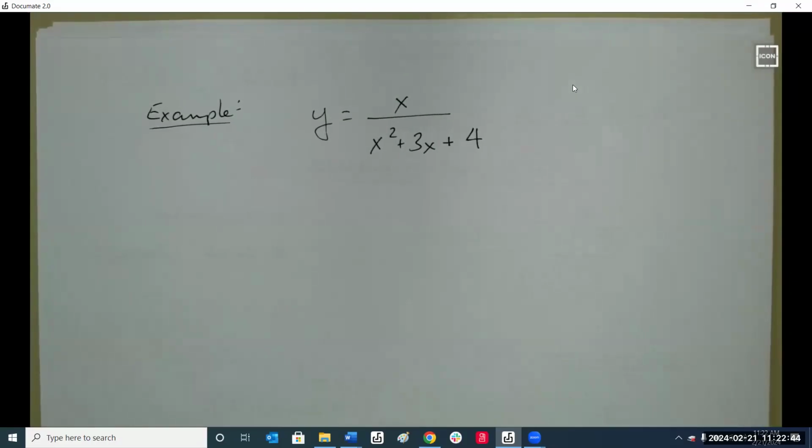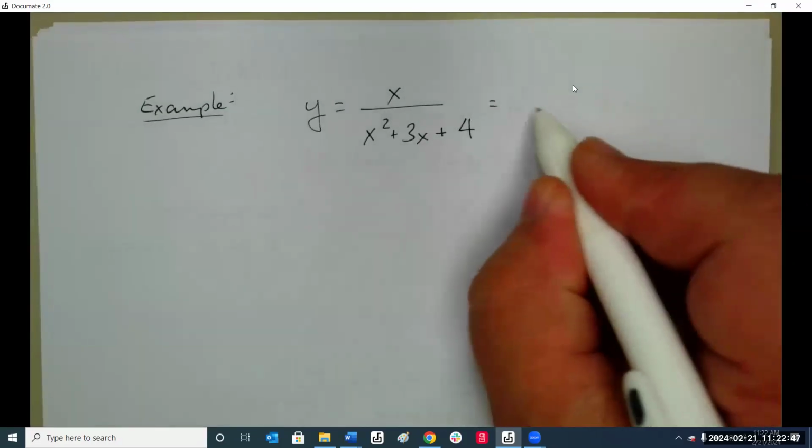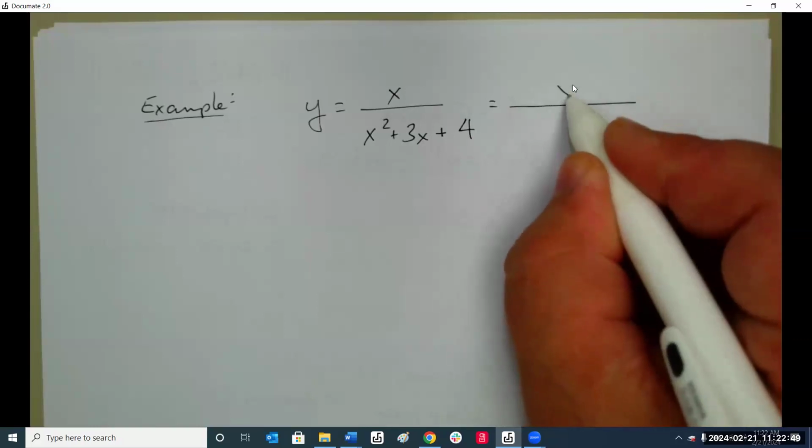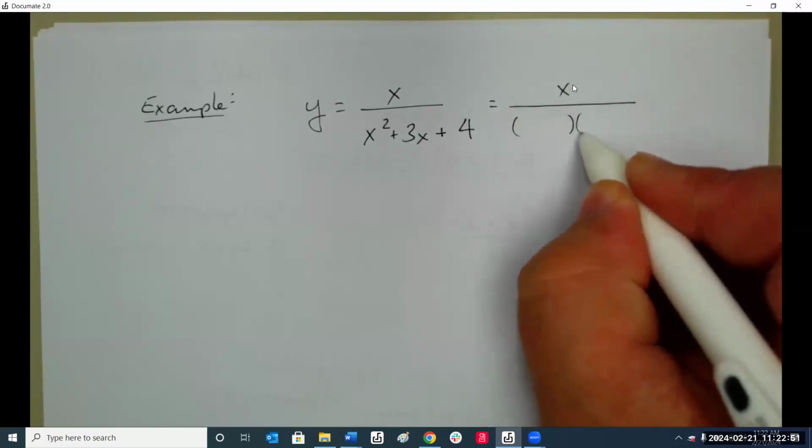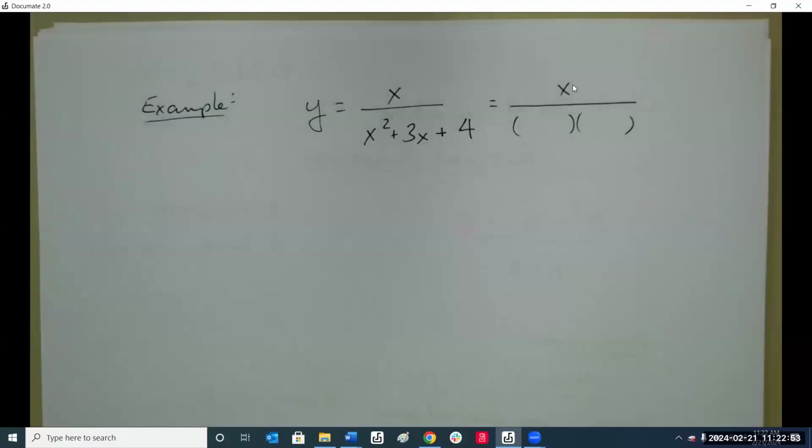So what do we notice about this one? Whenever you have polynomials, the first thing you would do is see if you can factor them. Why is that important?